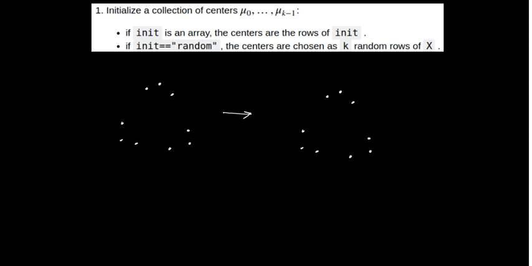So maybe I want to say this is mu1, and this is mu2. This is mu3. Or let's make it more interesting. You don't really know where to put the mu1, mu2, mu3, and you just randomly pick some.